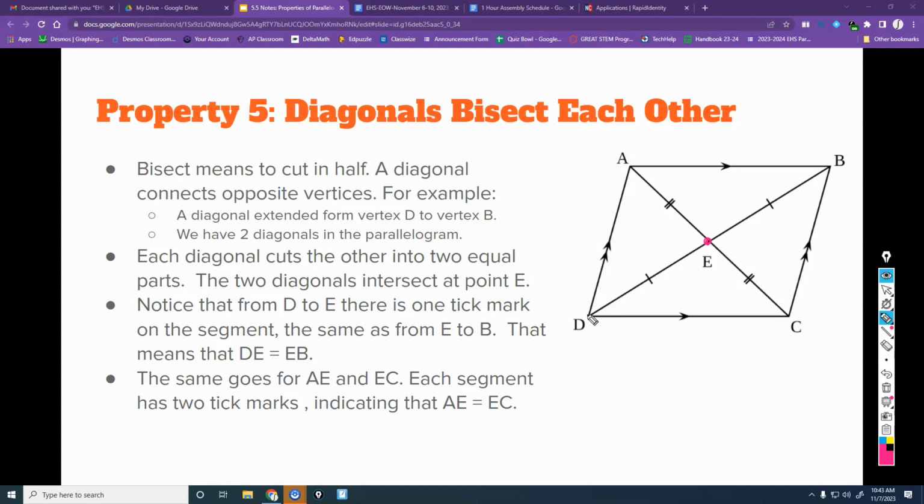AC looks like a little over 11. Okay, diagonals are not equal to each other. In a rectangle, diagonals are equal to each other. But in parallelograms, the diagonals are not equal to each other. They cut each other in half. So they cut the diagonals in half, so they make equal parts right there.